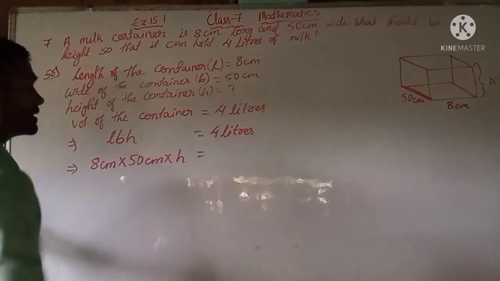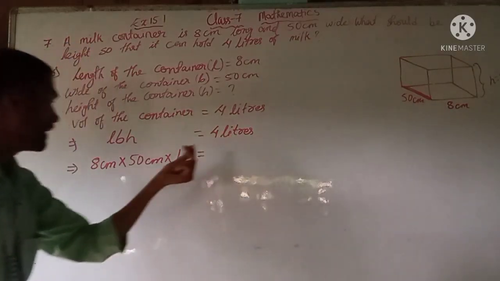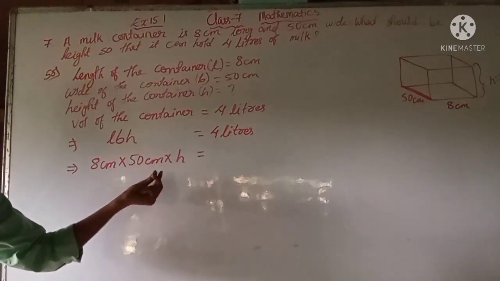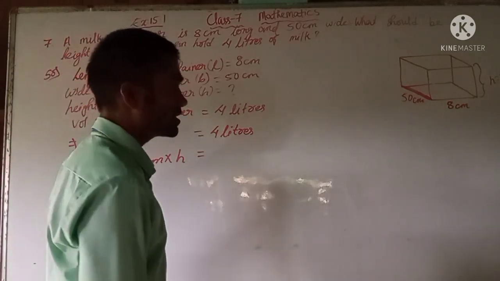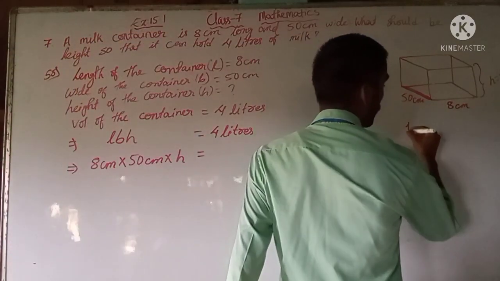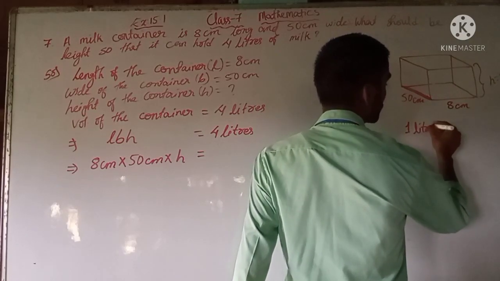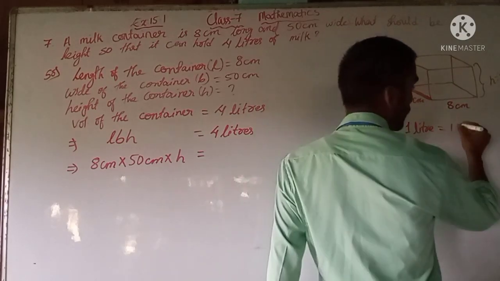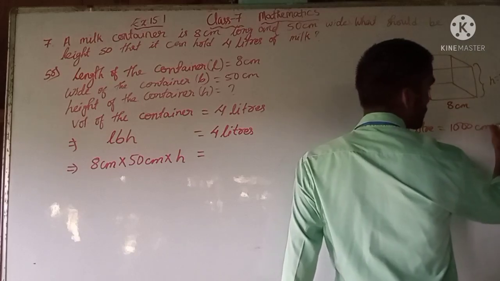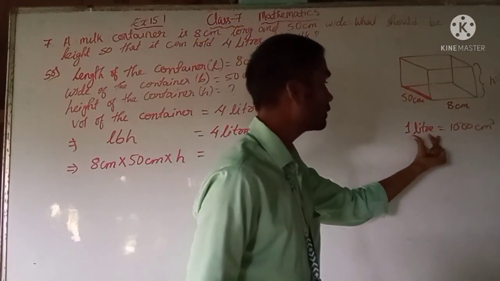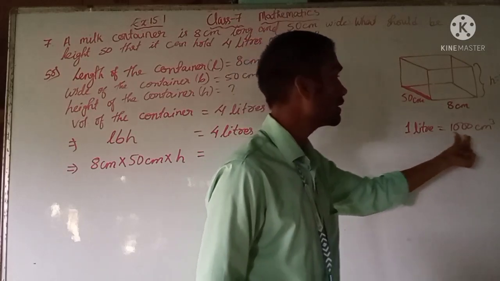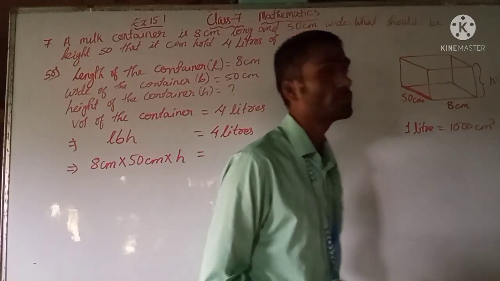Now this is in liters, and here we are getting the units in centimeter. So we'll convert these liters into centimeter, and we know that 1 liter is equal to 1000 centimeter cube. In the previous table we came to know that 1 liter is equal to 1000 centimeter cube.